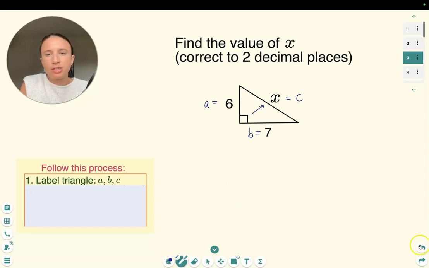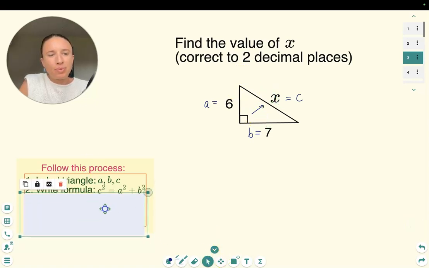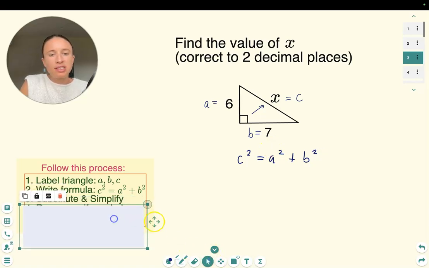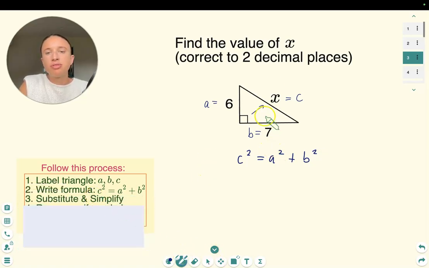Okay. Sorry. Next step, we're going to write the formula for Pythagoras. So if there's 3 side lengths involved, it's Pythagoras. C squared equals A squared plus B squared. Then, next step, substitute. And then we'll simplify. So substitute the numbers.